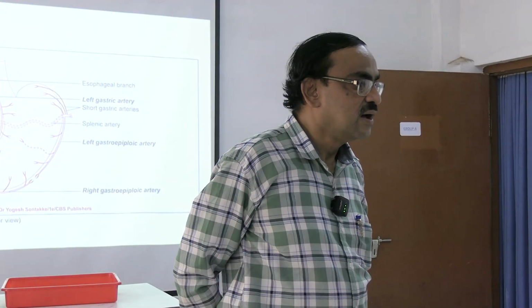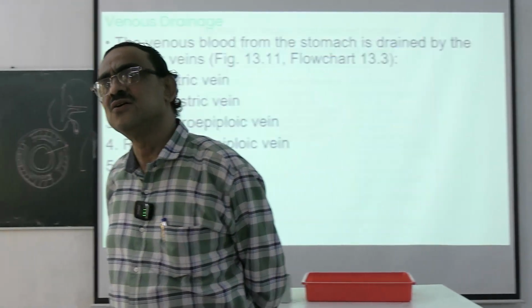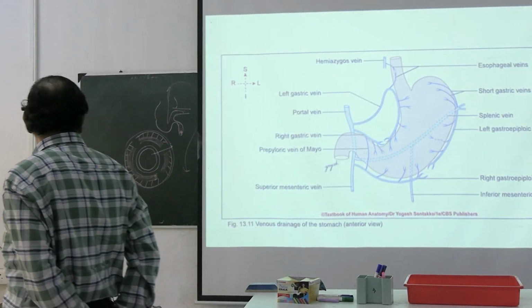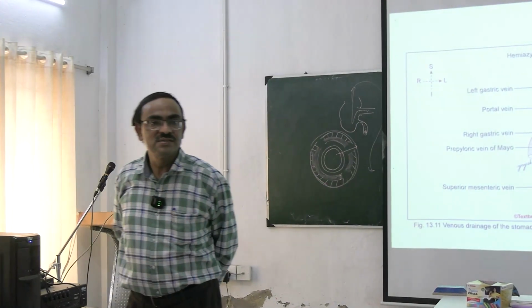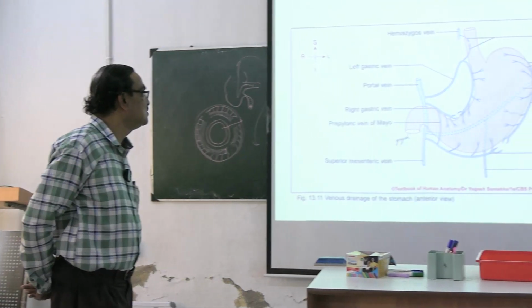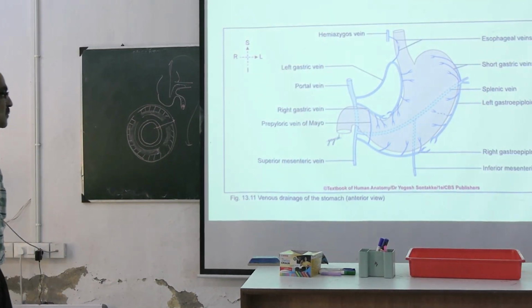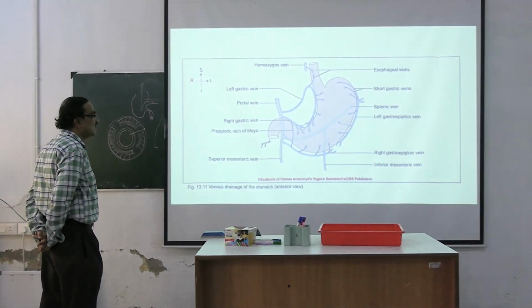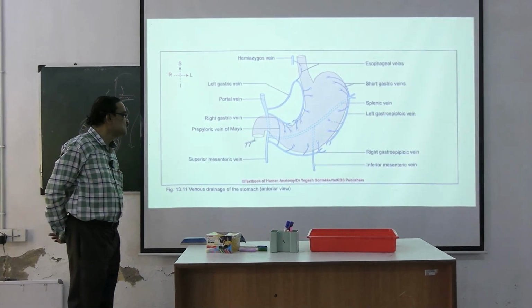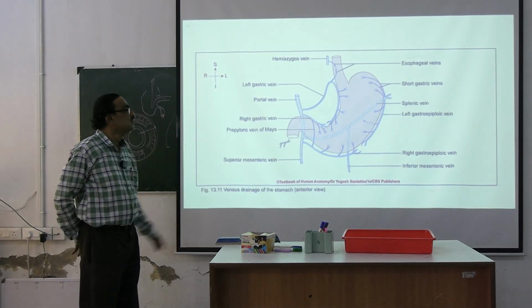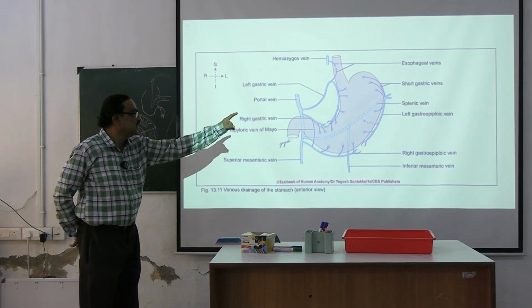So these are the arterial, and venous drainage corresponds with the arterial supply. Okay, so we know the right and left gastric veins drain directly into the portal vein, whereas the right gastroepiploic vein drains into the superior mesenteric vein and the left gastroepiploic vein drains into the splenic vein.